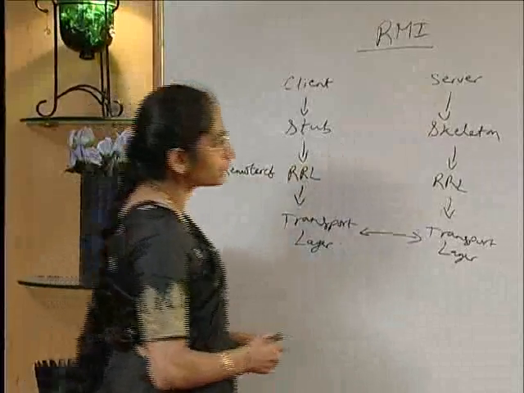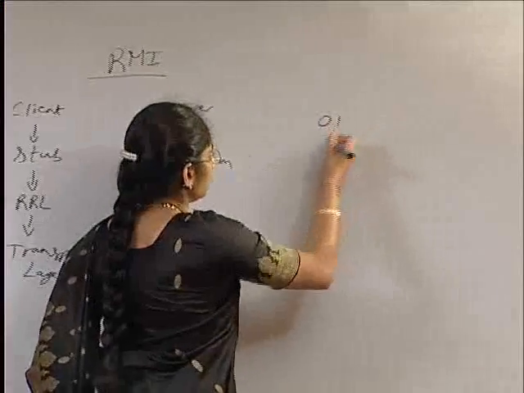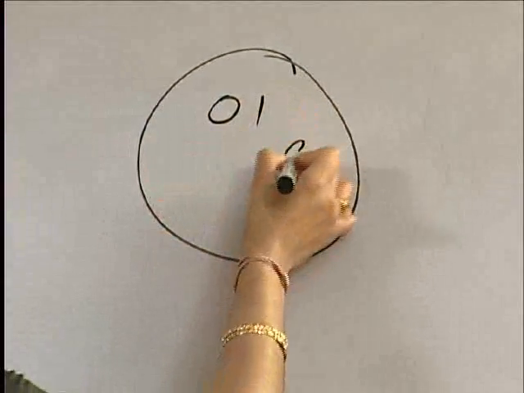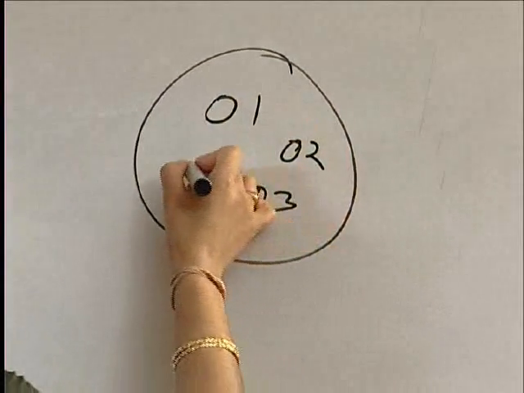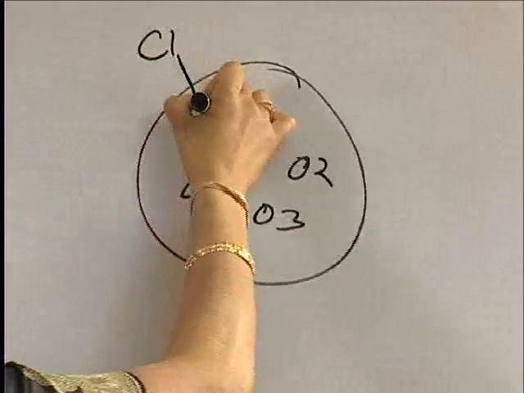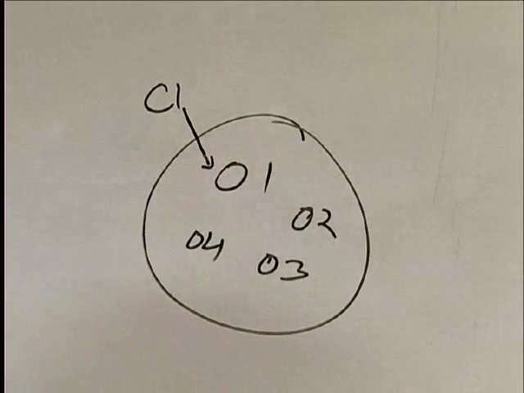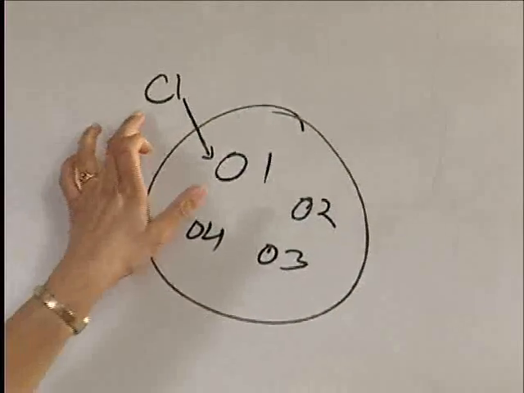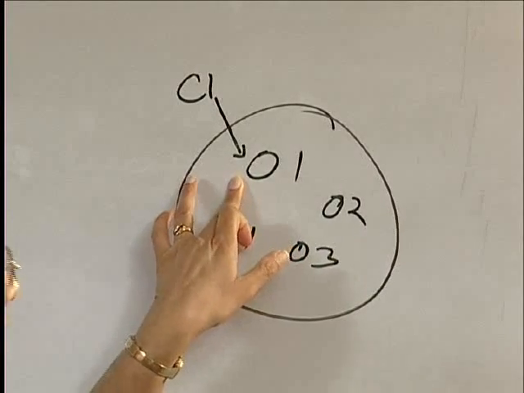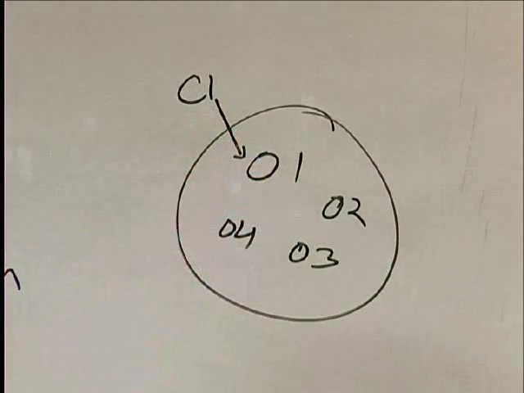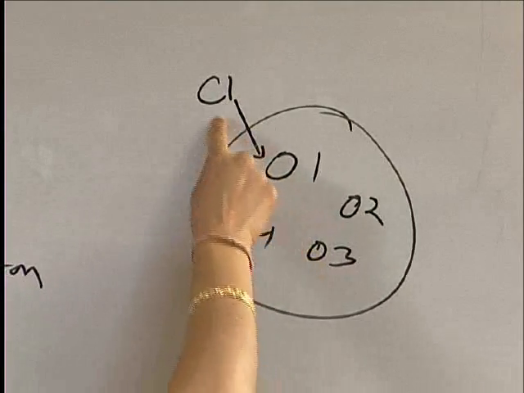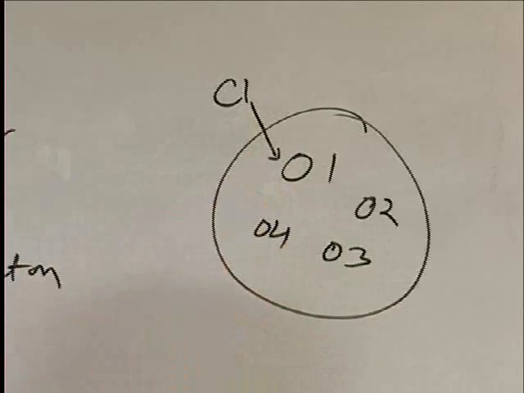Now let us see what happens when a client makes a call to the remote object. Let us say on the server I have many objects like this. When one client makes a call to a remote object, it opens a socket for that client at the server for that particular remote object and communicates with the client for that remote object using that socket.